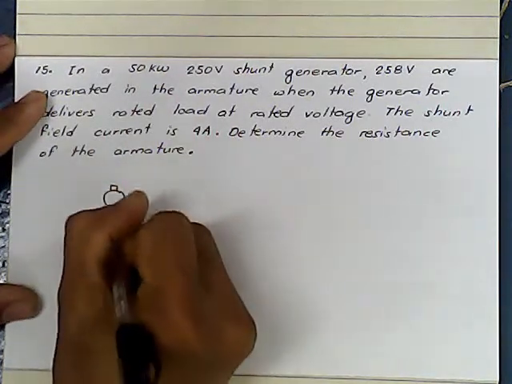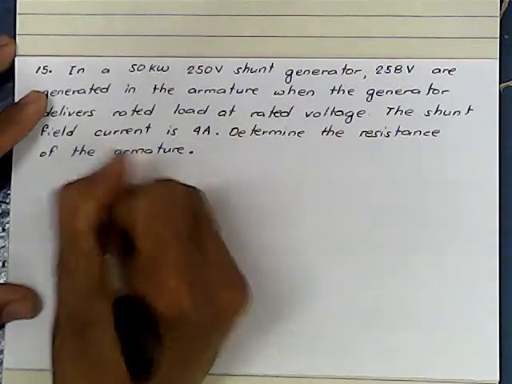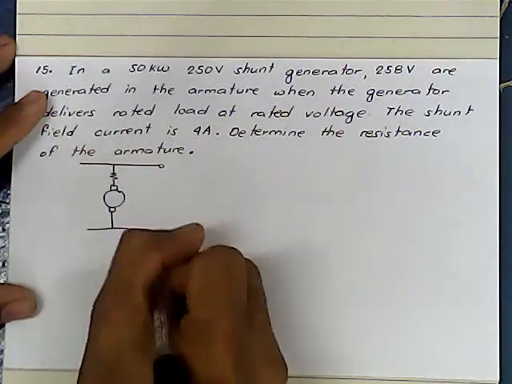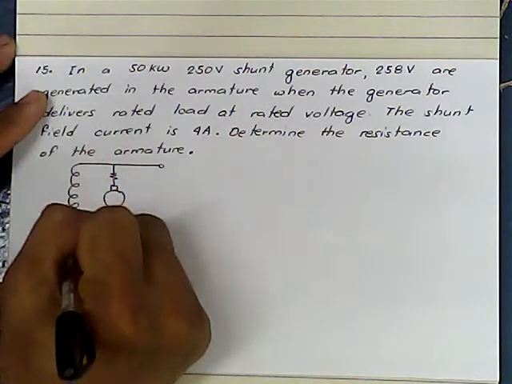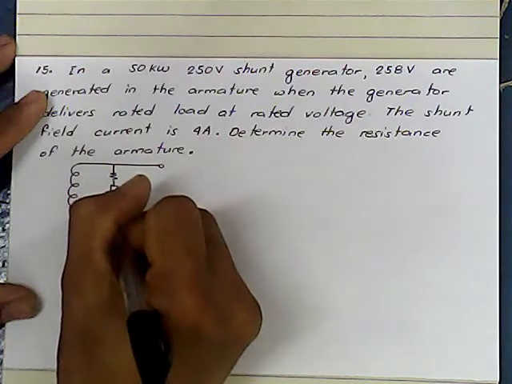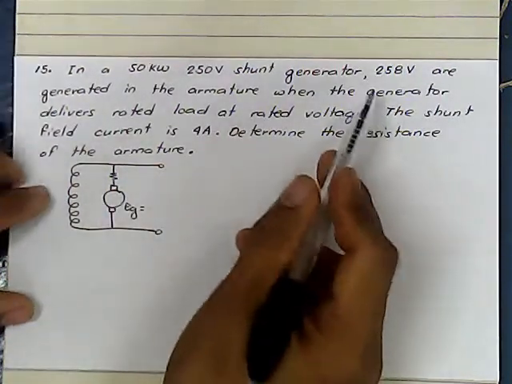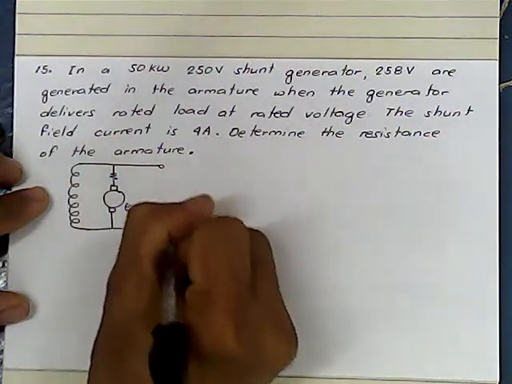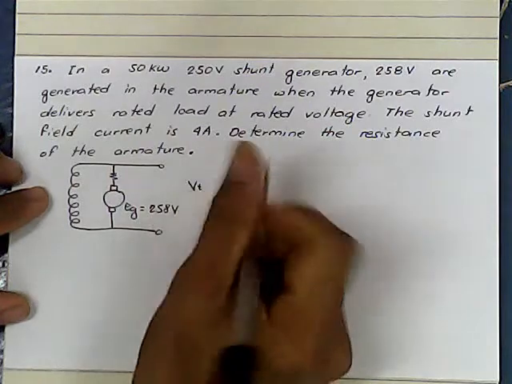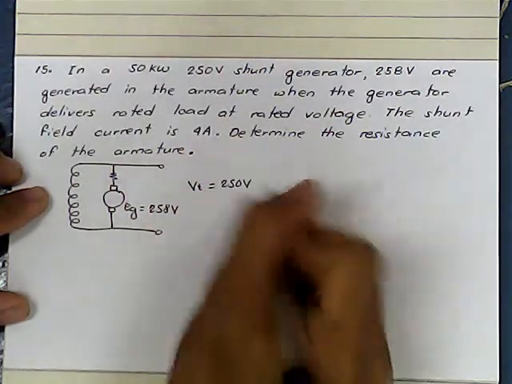Again, establish po natin yung ating diagram. We have here the EG. EG, ang EG natin given na siya as 258 volts. Wherein our terminal voltage is given as 250 volts.